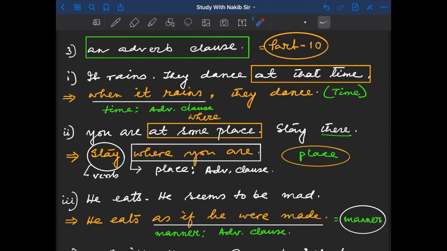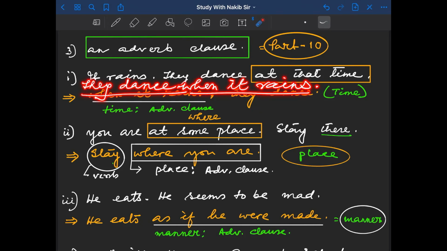Okay, they dance when it rains. So you may write this way. They dance when it rains. This is your combined sentence. Now, when it rains is the adverb clause.